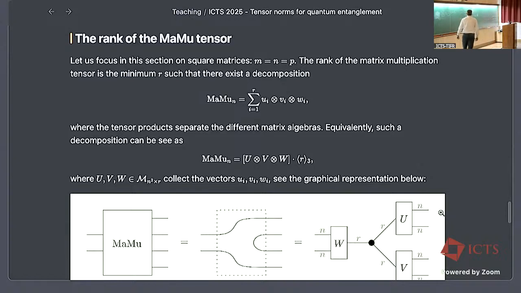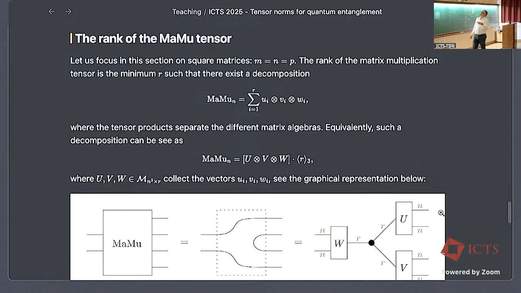So U is a vector here, V is a vector here. So it's actually a matrix. This is a matrix here, and this is a matrix here. So with the correct factoring of the matrix multiplication tensor, not the identity tensor. Exactly. So this is this picture.